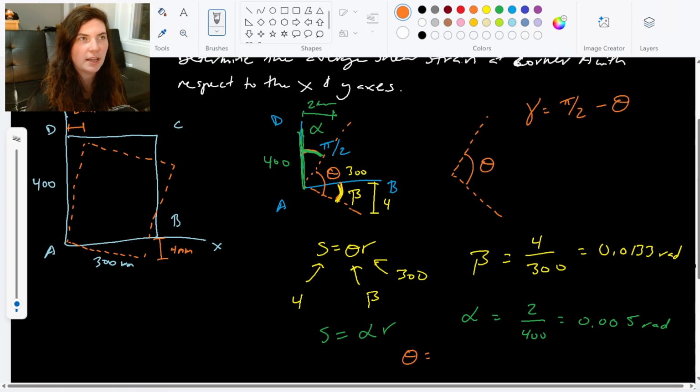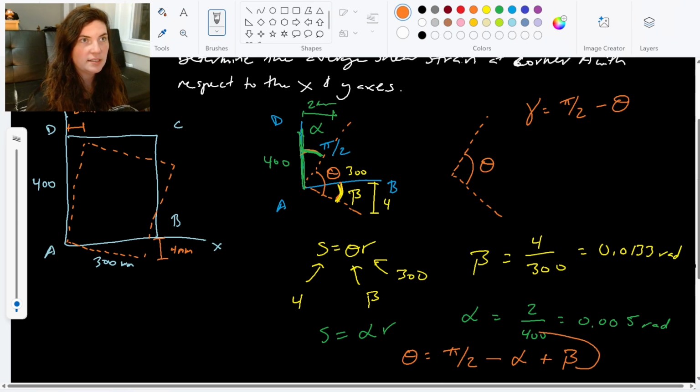The only way we can find theta is we know pi over 2 plus beta. We can add those two together and that gives us the full arc length here. And then if we subtract out alpha, we'll just be left with theta. So theta is pi over 2 minus alpha plus beta. Subtracting out that portion, adding the beta portion, that gives us theta.